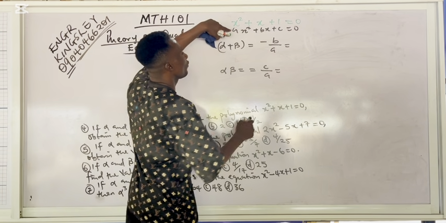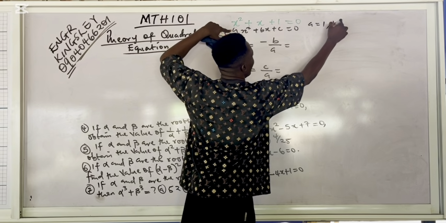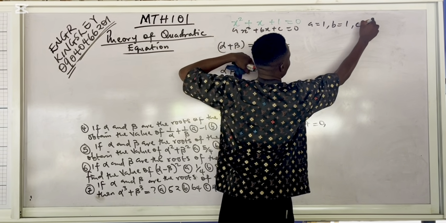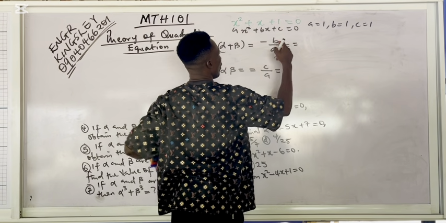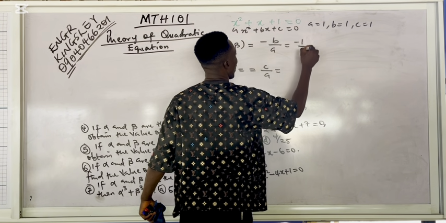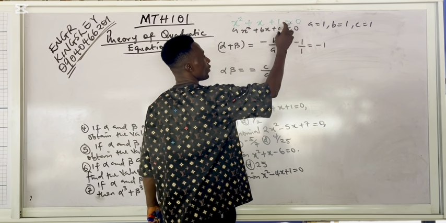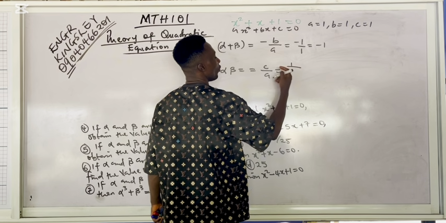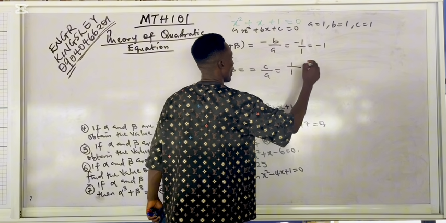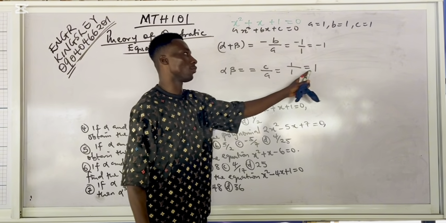So here we have a to be 1, b to be 1, and c is still 1. So minus b all over a is going to be minus 1 all over 1, which is minus 1. Then c all over a is going to be 1 all over 1, which will still give us 1. So we have the sum to be minus 1 and we have the product to be 1.